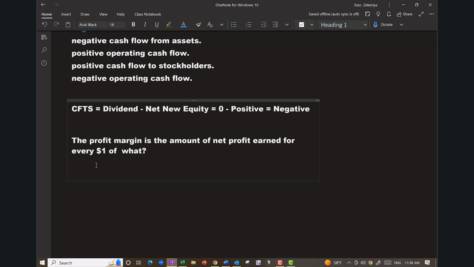Imagine this to be a multiple choice. I can say TAT, PM, ROE, ROA, or a combination thereof. Or it's impossible to know. Sometimes I put those just to attract people who don't want to think, that it's a trick question.